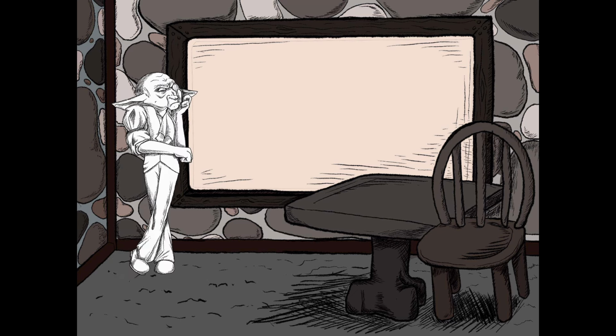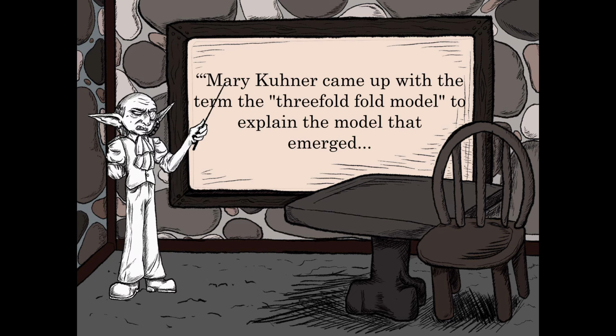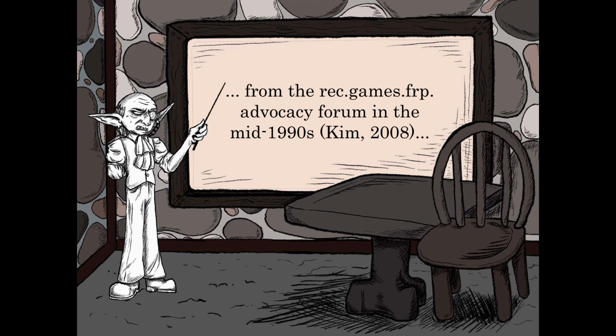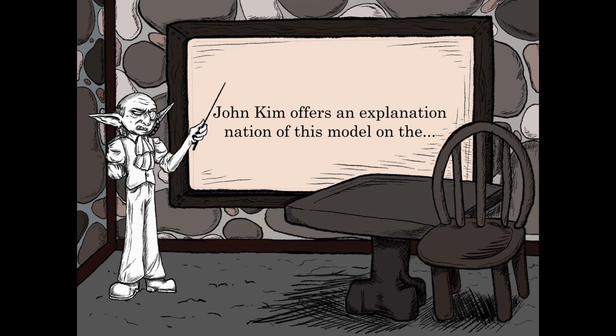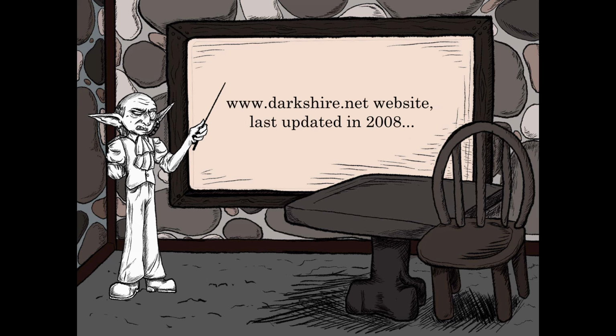Let's specifically look at, quoting from the text, Mary Kuhner came up with the term the threefold model to explain the model that emerged from the rec.games.frp advocacy forum in the mid-90s. And John Kim refers to an explanation of this model on the darkshire.net website, which was last updated in 2008.